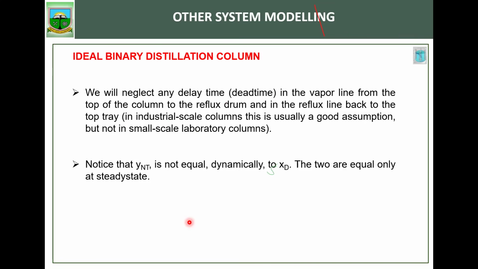It goes straight up, and there's a very good movement of the vapor from the bottom to the top. Then also say that YNT is not equal to XT. This YNT is what we condense to get the distillate and then the reflux. So they are not the same.